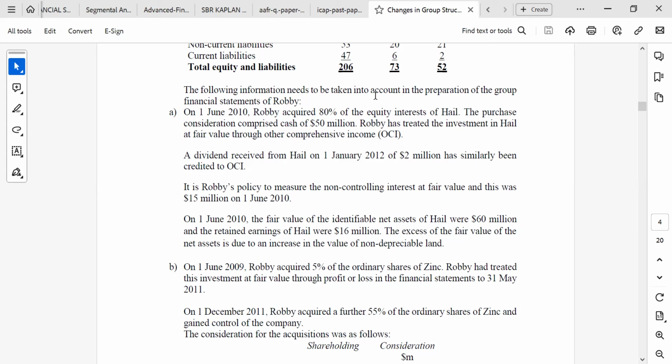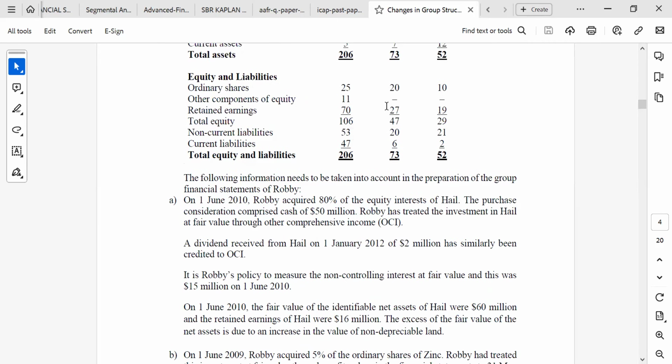Dividend is paid out of what? Profit, isn't it? Okay. If dividend is paid out of profit, the retained earnings that the subsidiary is having over here is after paying the dividend, isn't it? The post-acquisition profit will always be after dividend has been paid because we are taking the retained earnings from their statement of financial position.